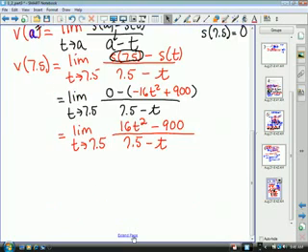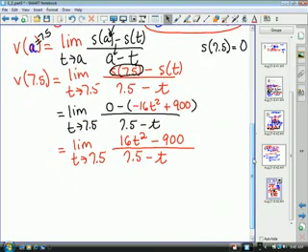Alright, so this is where we're at right here. So I want to get the velocity of the coyote when he hits the ground. How could I finish this limit now? You could do difference of two squares.